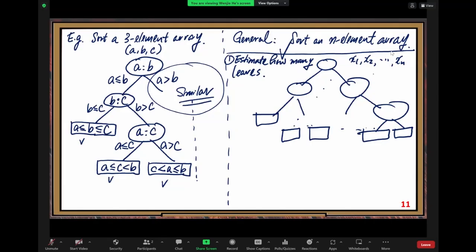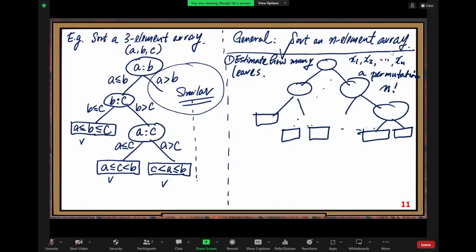So each sorting result corresponds to a permutation, the permutation concept from your discrete math. So how many permutations do you have with n different elements? Here we assume these n elements are distinct values. So the answer is n factorial.